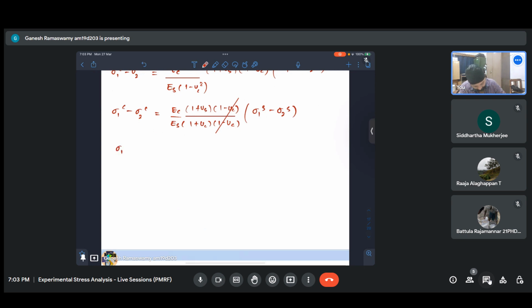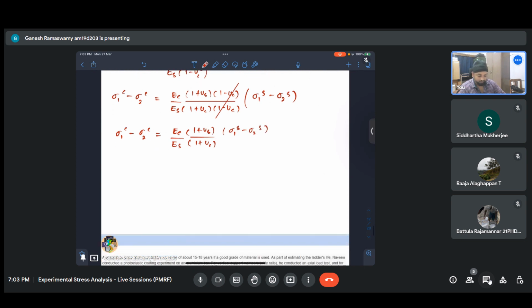Sigma 2c is nothing but Ec upon Es into 1 plus mu s upon 1 plus mu c into sigma 1s minus sigma 2s. If I were to invert it, because sigma 1s minus sigma 2s is what I'm trying to study, that is the principal stress difference in the specimen is what I'm trying to study.